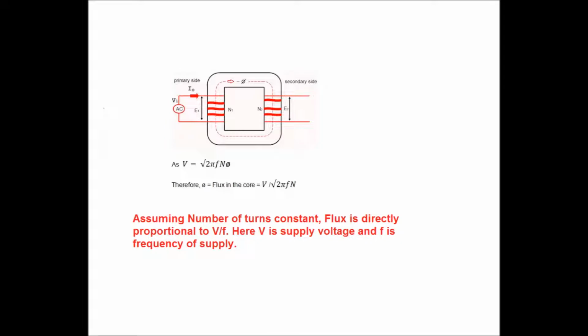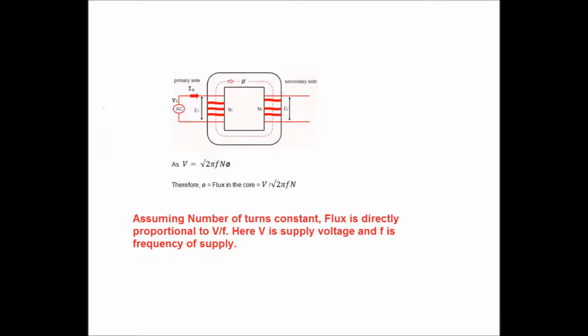Transformer overflux protection is provided to protect the transformer core from overfluxing. As per the law of transformation, the induced EMF in any winding is given by V equal to root 2 into pi into F into N into phi, where F is the frequency of the supply voltage, N is the number of turns of the winding and phi is the flux in the core.